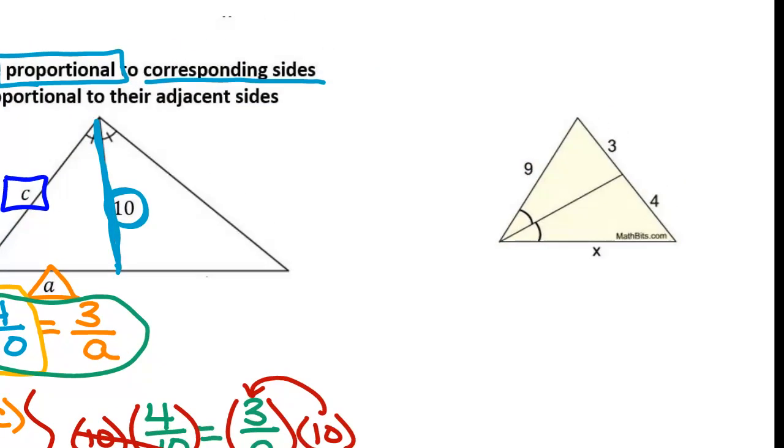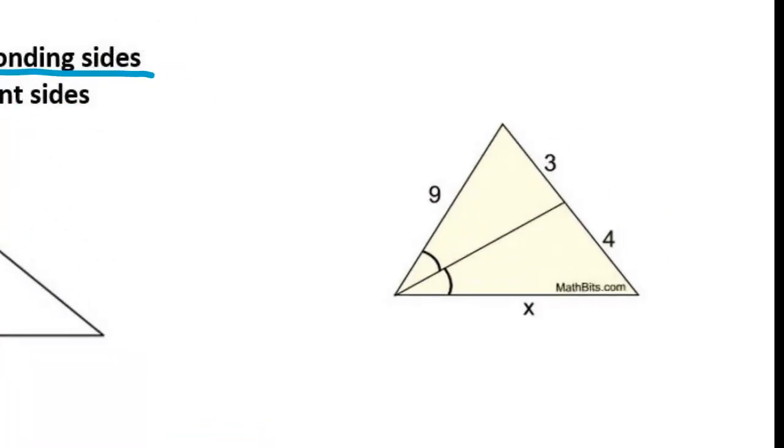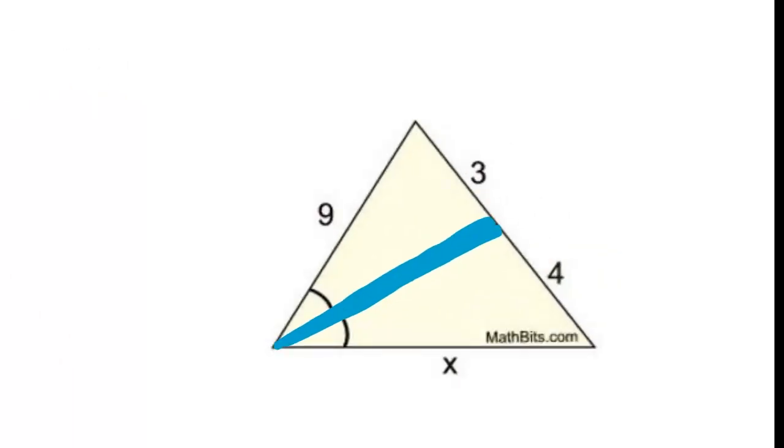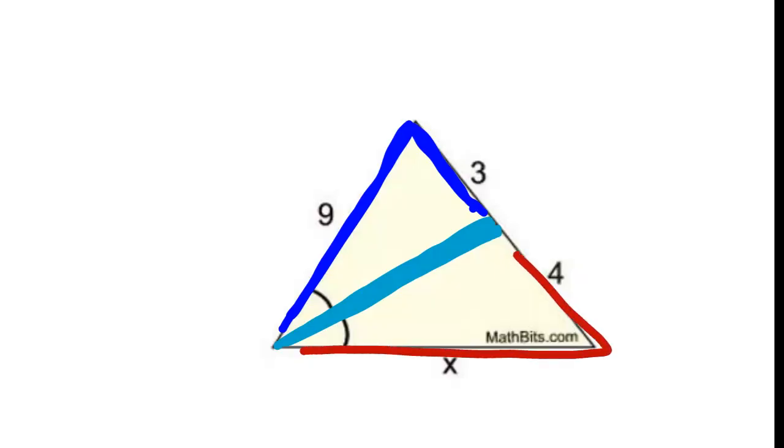There's something else that we can see happen with an angle bisector, and that's this picture over here. I have an angle bisector right here dividing my triangle into two smaller similar triangles. So we're going to look at this right here, and we're going to compare that to this down here, and we need to match up the corresponding pieces.